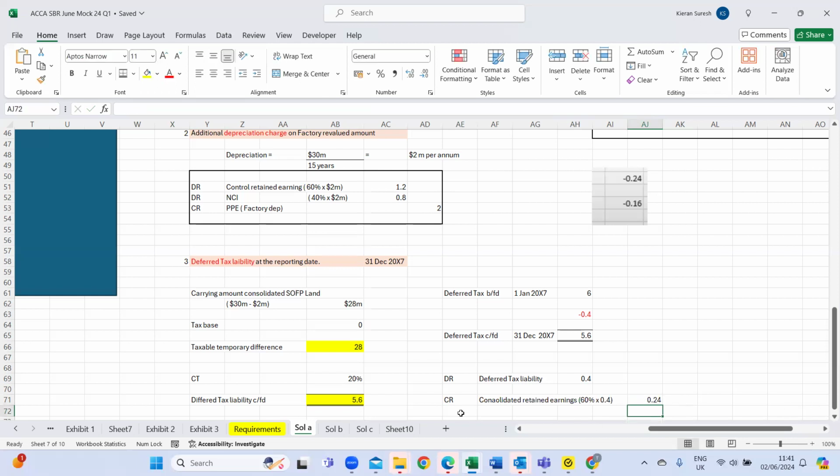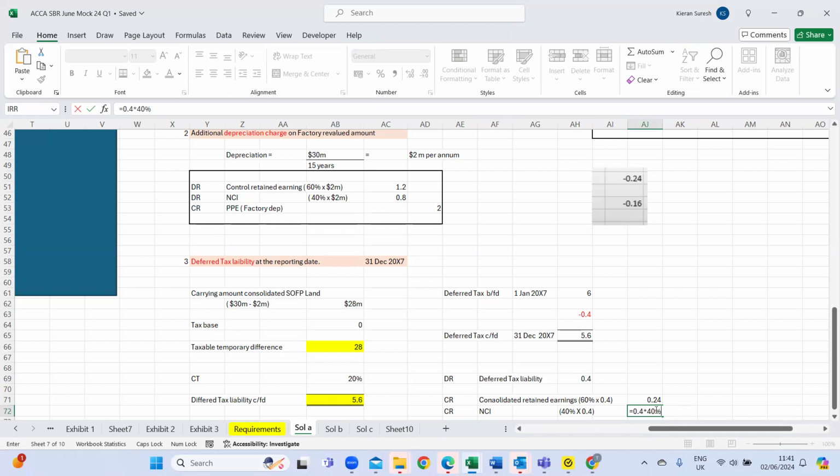The remainder, again a credit, we need to give to the NCI. What was the amount? NCI has 40%, and 40% of 0.4 is 0.16.